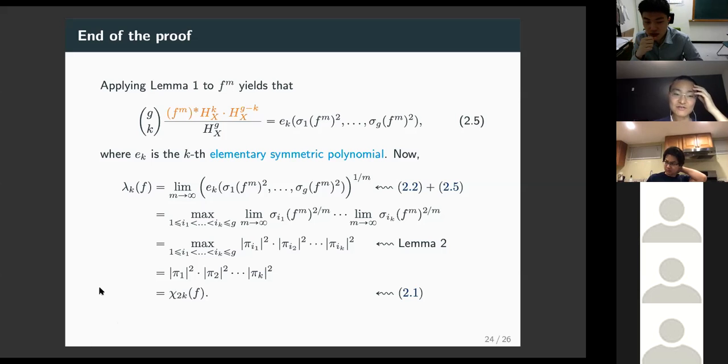Yeah, that's true. You can either use this one to show that, or use the original argument.